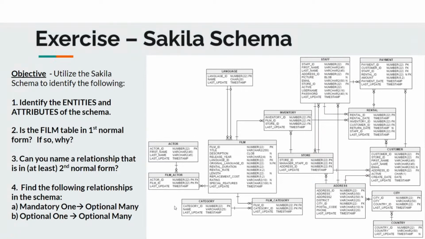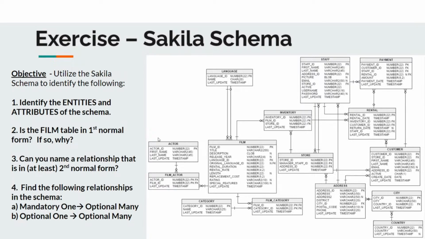And it says, can you name a relationship that is in second normal form? And I had one. Here's one right here. You have actor and film, and you have a film actor table in between.